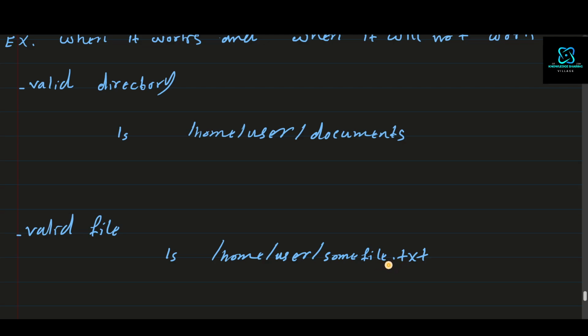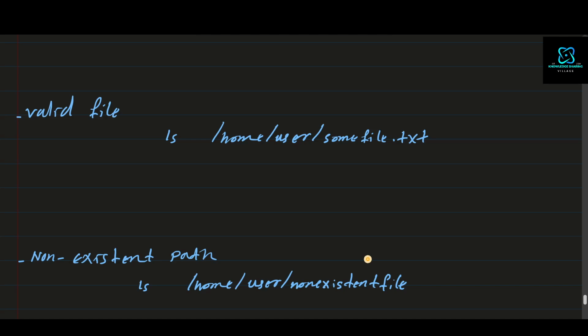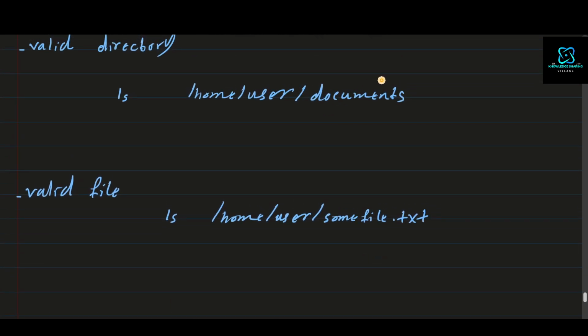I think you can see the extension, but we will see in the practical example. Okay, I will not ruin the surprise. So in these two scenarios it will work, when the path or argument that you have passed to the ls command is valid.